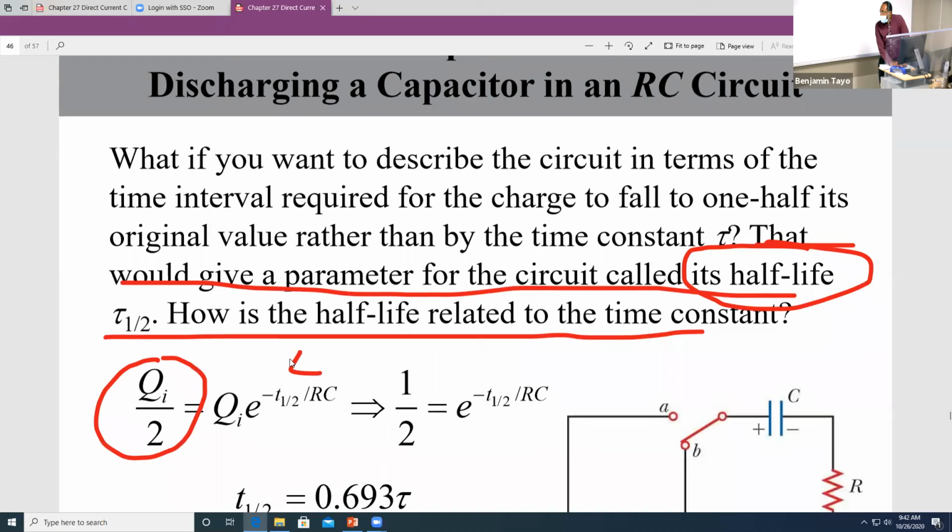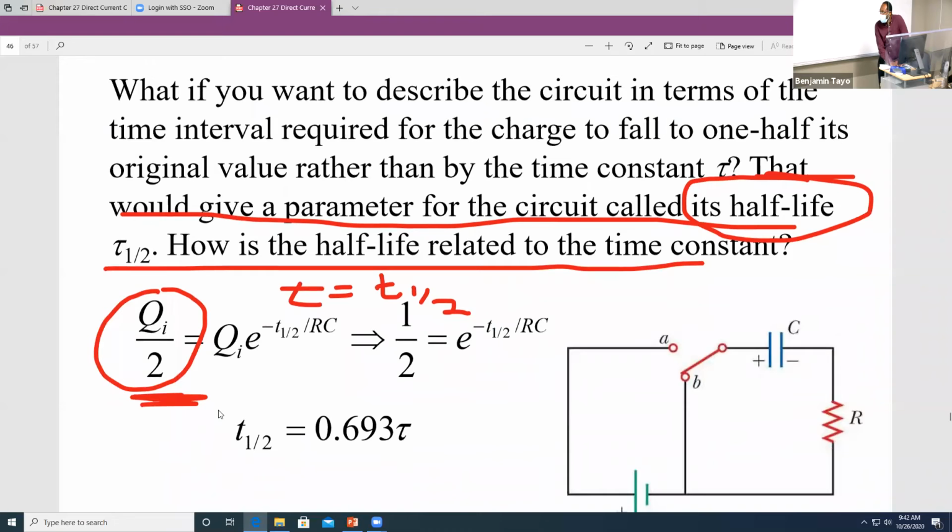So at t equals t half, the charge on the capacitor has reduced by 50%. And if you solve that equation, this tells you how the half-life is related to the time constant.